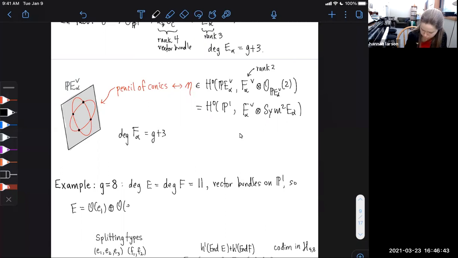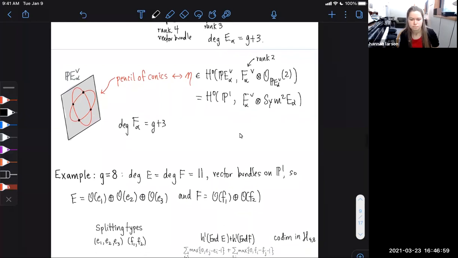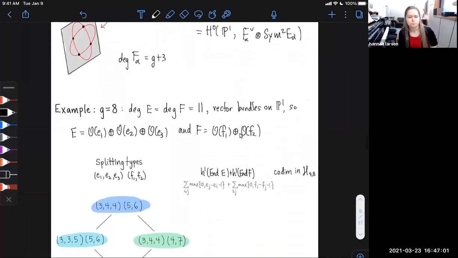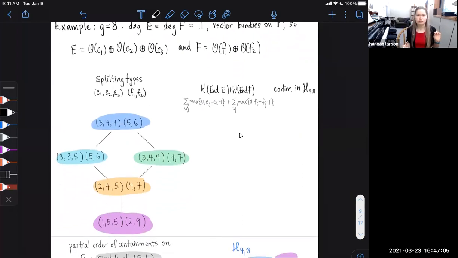Say E is O(e1) plus O(e2) plus O(e3). And F is going to be O(f1) plus O(f2). So I made a table here of the pairs of splitting types that can occur for genus 8 degree 4 covers.